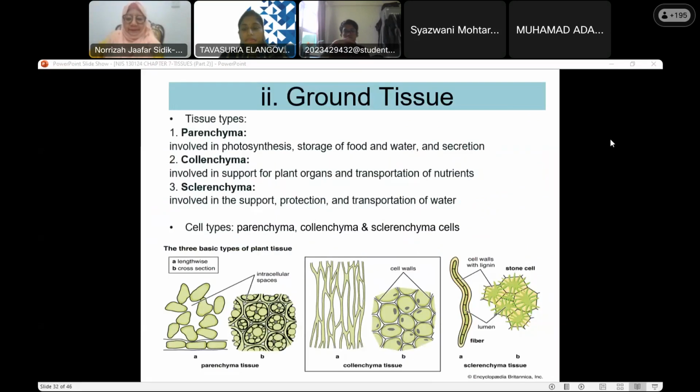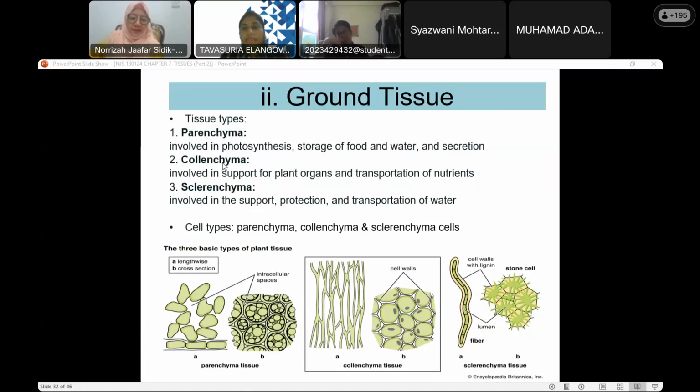Okay, so now let's go to the image. You can see here the parenchyma, the collenchyma, and the sclerenchyma.